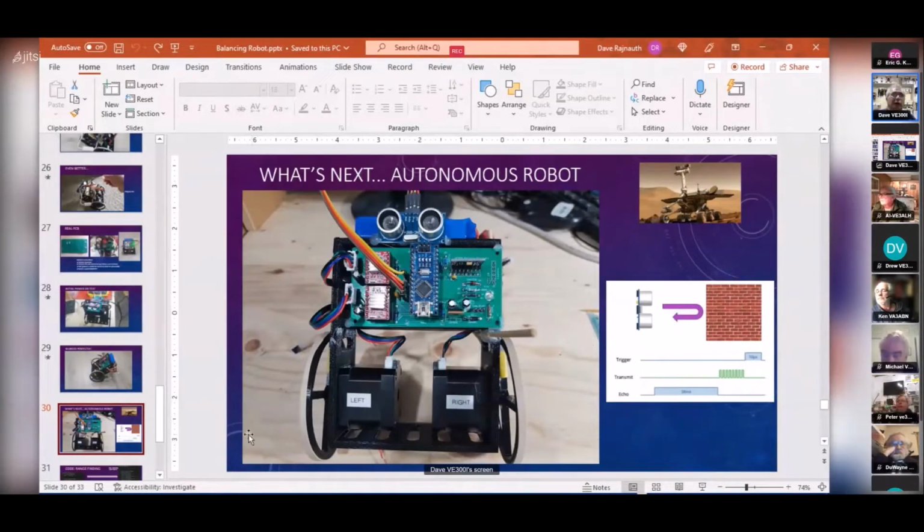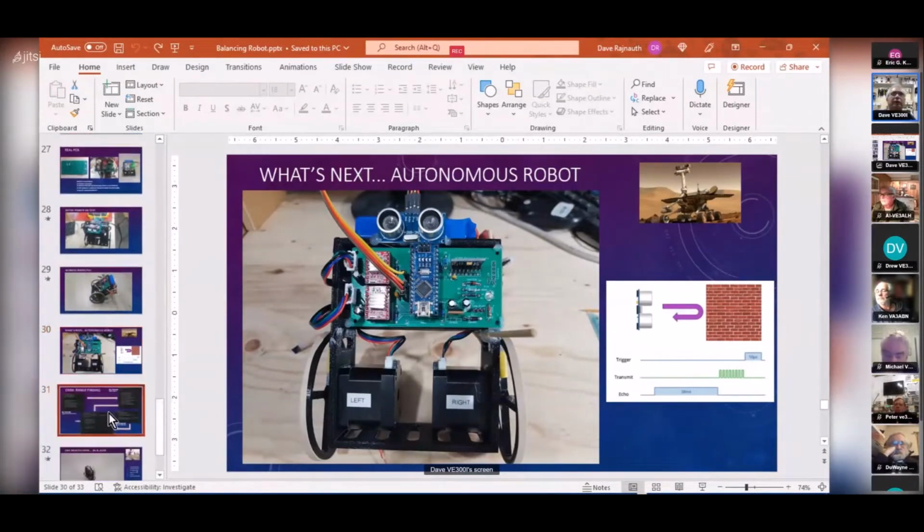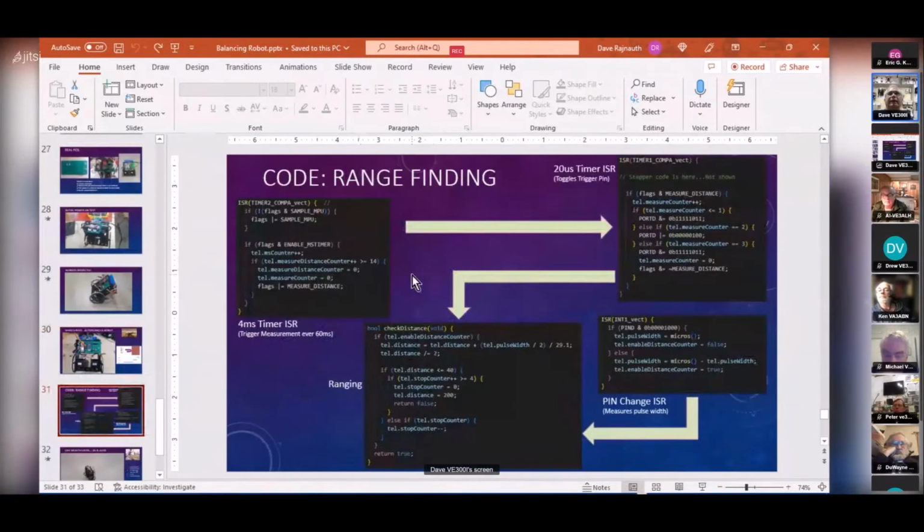So I wrote some code to get it done. I use my 4 millisecond timer to say, okay, make a measurement. I use my 20 microsecond timer to toggle the pins.